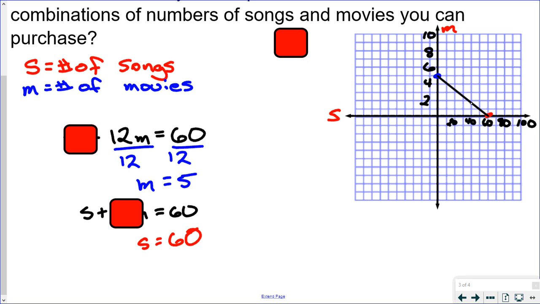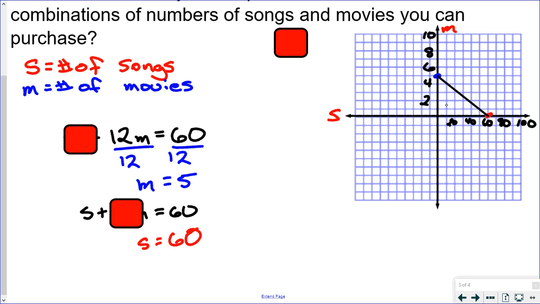Now, the way that I did my graph with such big increments, that's not really doable. If I had made these with smaller increments, I probably could have found 3 good points on this line to use. But I didn't do that. Maybe I'll go back and renumber this and show you that.